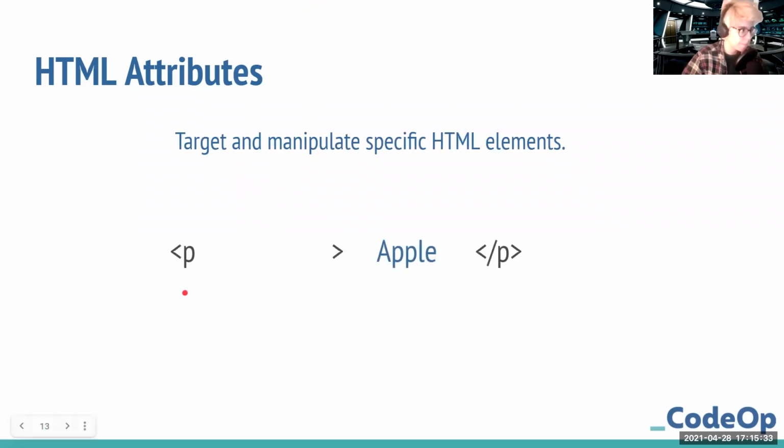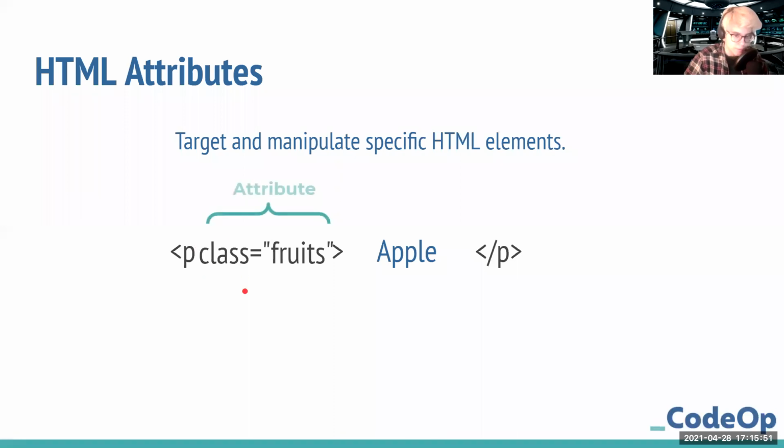For example, the paragraph that I just told you, if I add here in the opening tag of the paragraph, class equals fruits, or class equals double quotes, any word that I want, this is an attribute. So with this, I can target and I can manipulate this specific paragraph.